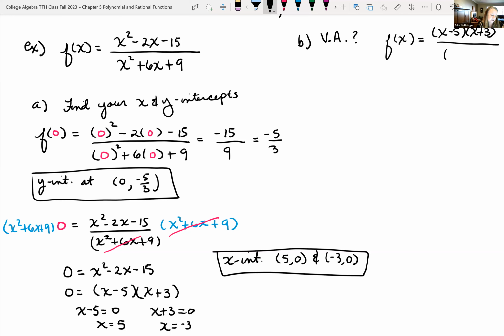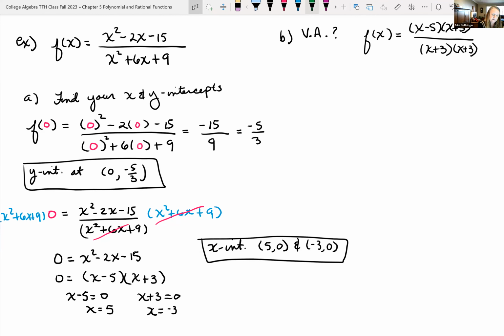I noticed that x squared plus 6x plus 9 factors as x plus 3 times x plus 3. Well, notice we do have two common factors, x plus 3. Those cancel, and so what's left is where I'm going to have a vertical asymptote. The value which sets my denominator equal to 0 is x equals -3.